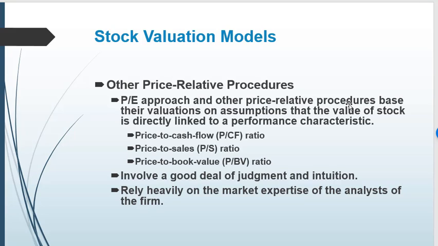Again, the general idea is that there is a relationship between these variables and the price of the stock. So we have price to cash flow, price to sales, and price to book value. If you can predict cash flow, sales, and book value, then you have a technique to predict price.